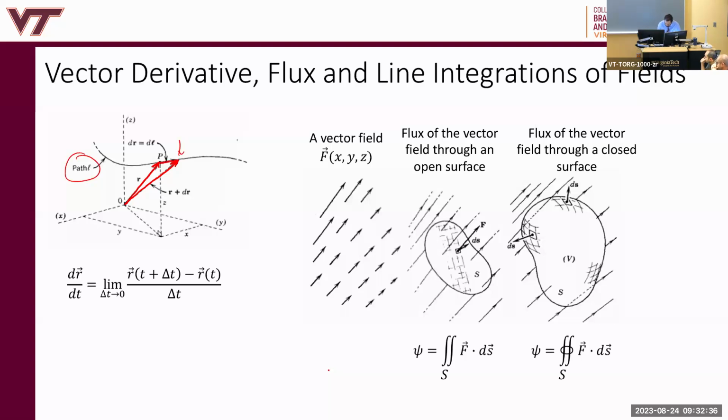So you get this vector here. And as that parameter delta t goes to 0, those two vectors converge together, and you get what's called the tangent to the path, right? So whenever we integrate along a path, especially a parameterized path, we need the tangent vector because that tells us what direction to integrate it. So this is what we're going to use this vector derivative for. We need the tangent vector to the path. All right.